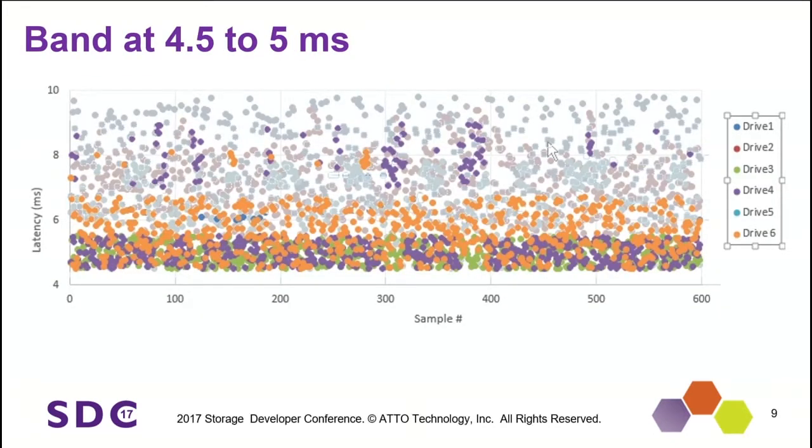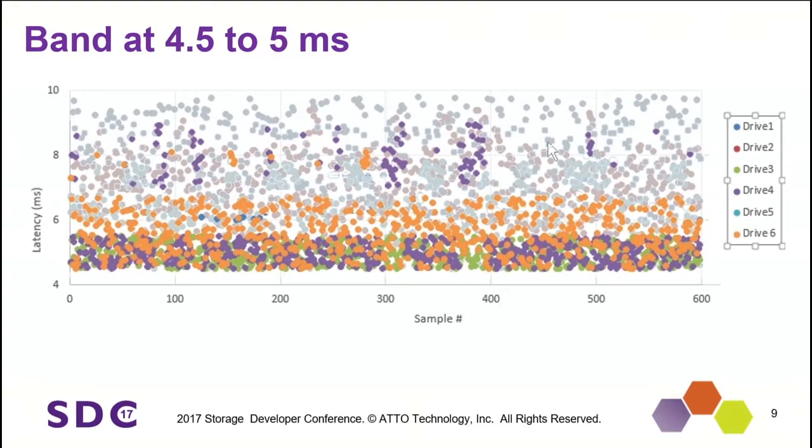So what I've done here is separate the drives out and gray out the ones that aren't of interest. The heat map pointed me to look at these drives independently and see what's going on. I see this band now that showed up in the heat map, right around 4.5 or 5. Three of my drives are actually doing pretty well, hanging out down in that area.